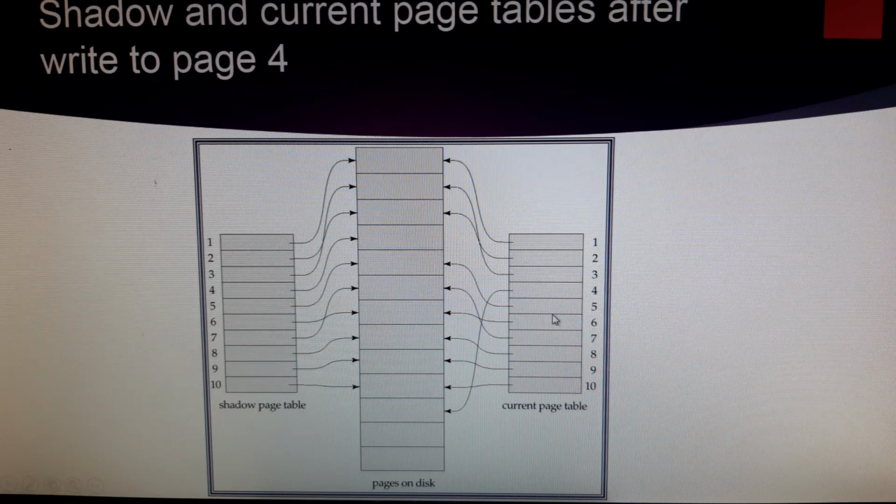This is the disk, the database system, and the current page table is the one in memory which is currently being executed. If the current page table is properly pointing to the pages on the disk, then all the data is pointed to the pages on the disk.